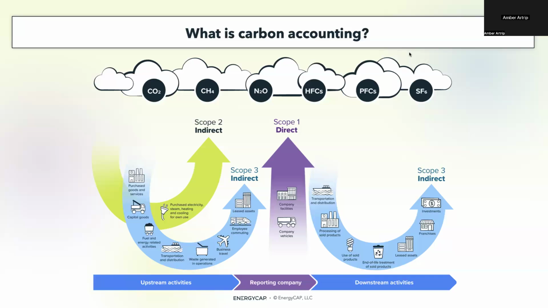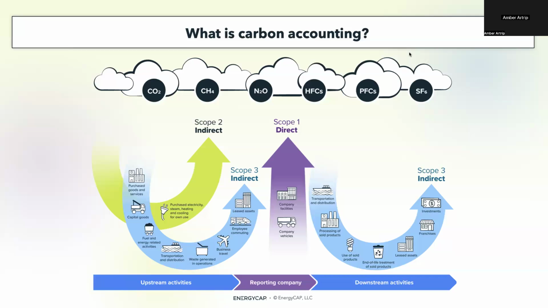And then there's scope 3, which is essentially everything else. There are upstream activities and downstream activities. I like to think of a company like Apple. So what are the things that are happening upstream before you build an iPhone?